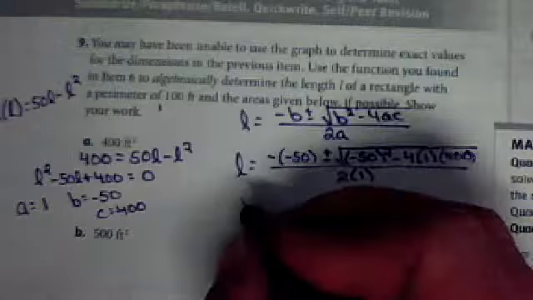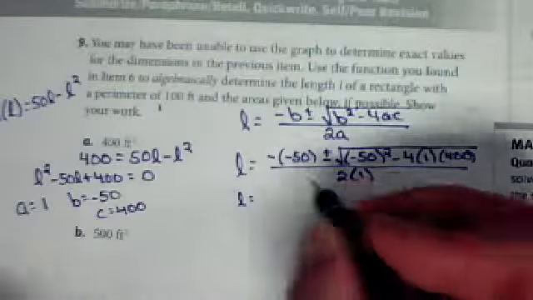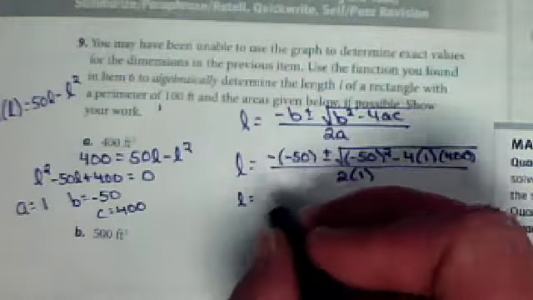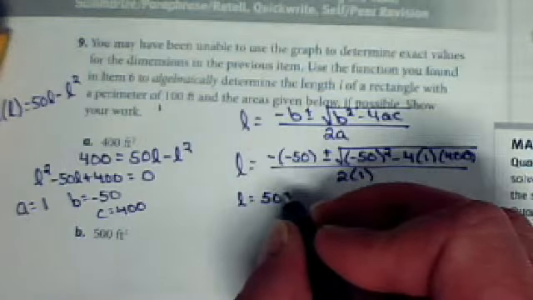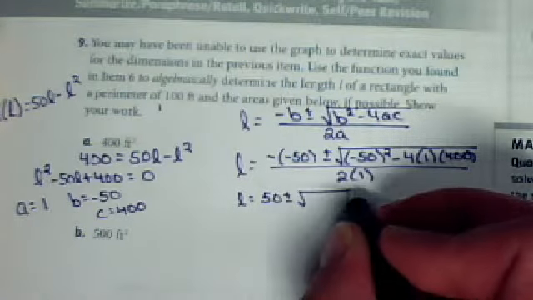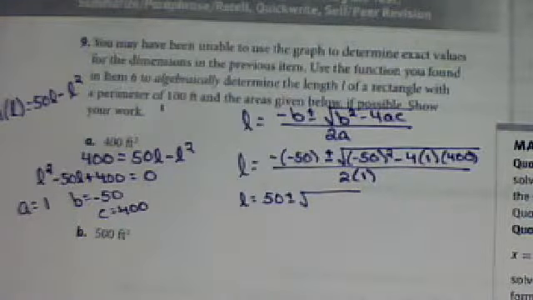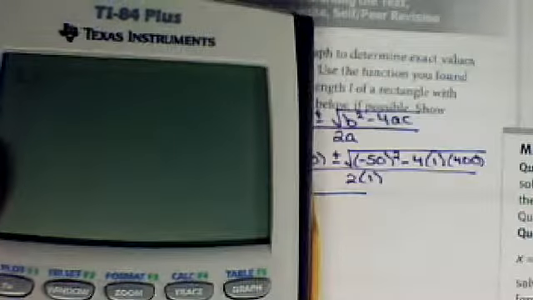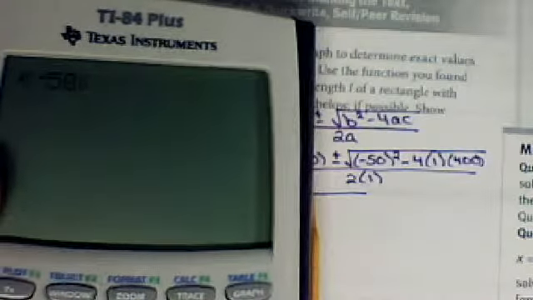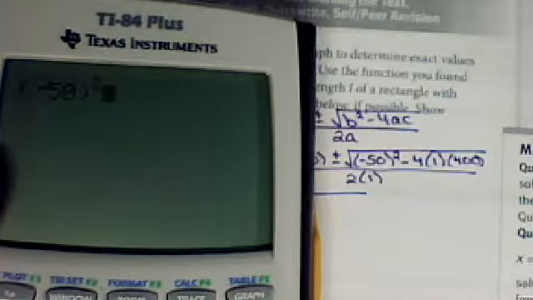Now, I like to break it down piece by piece. A negative 50 is a positive 50. But I'm okay with you doing the part under the parentheses in your calculator. Just be very careful that you do put negative 50 inside the parentheses before you square it.